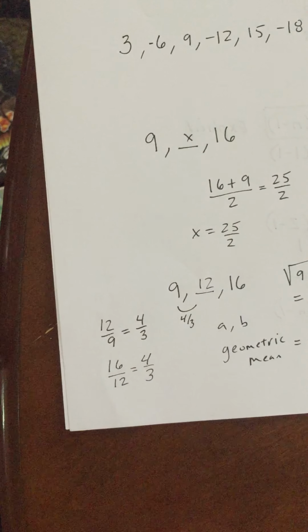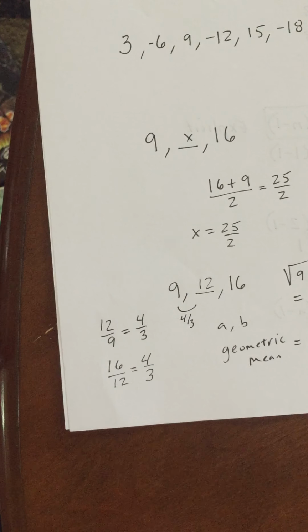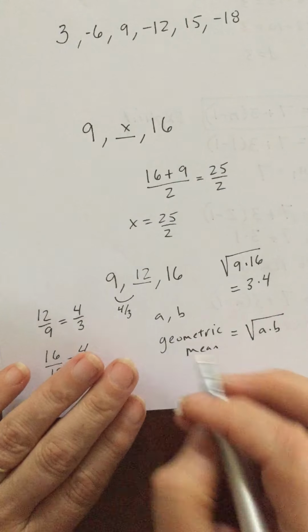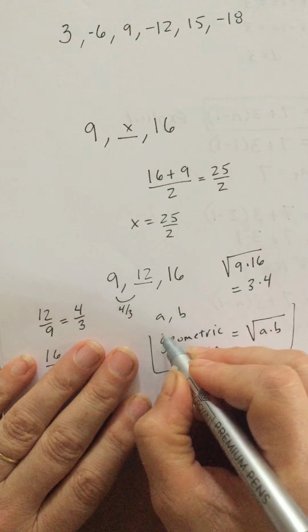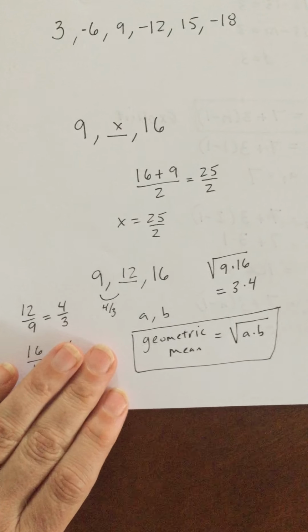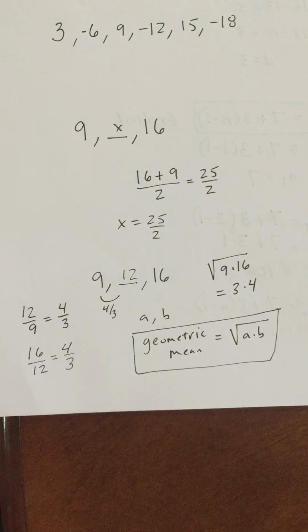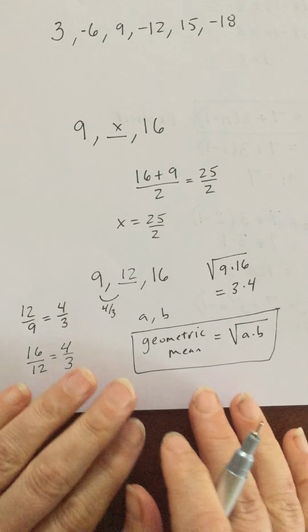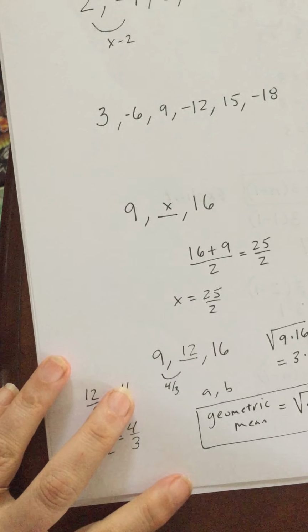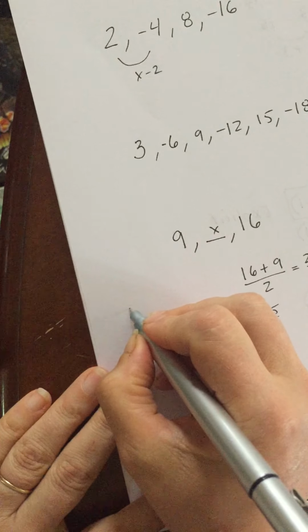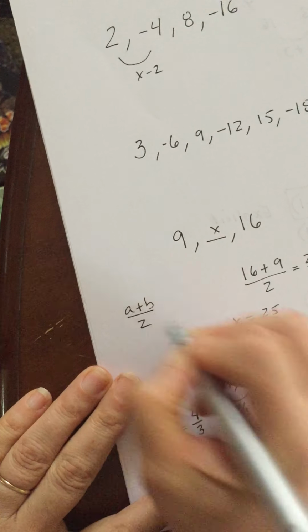Okay, so again, the arithmetic mean and the geometric mean are going to be helpful, and of course they're so aptly named for this. So let me put a box around this one. This is the one you probably are less familiar with. So again, it's just the square root of the product of those numbers, and then of course you simplify it. And then the arithmetic mean, let's say the numbers are a and b, is just (a + b) over 2.